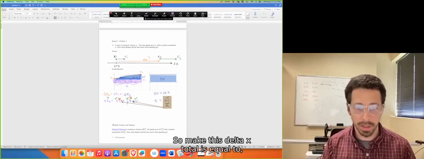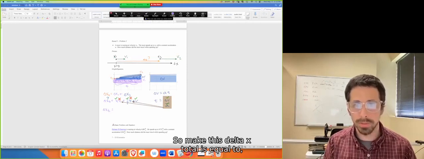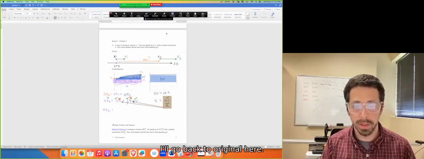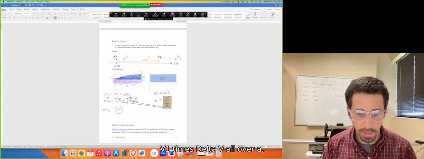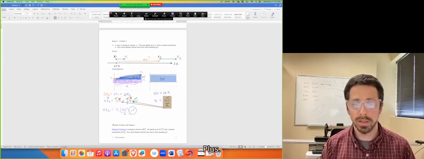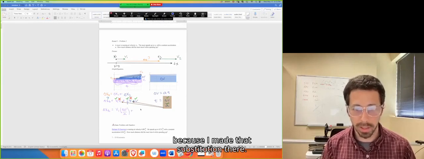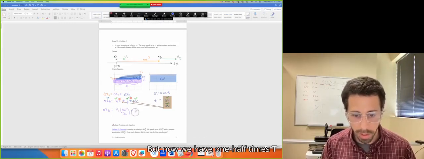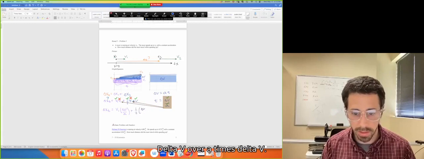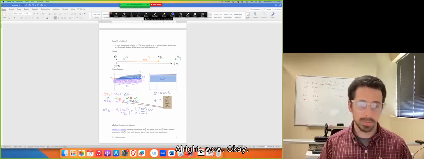So delta x total is equal to v1 times delta v all over a, plus 1/2 times delta v over a times delta v. All right. Wow.